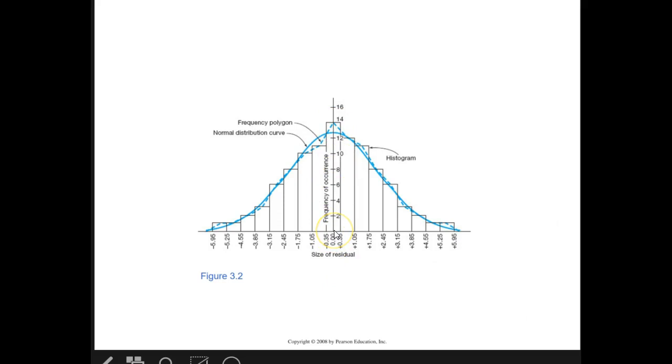So there would be more fish that were 12 inches long than fish that were 13 inches long or 11 inches long. And this curve also implies that there would be the same number of fish that were 11 inches long as 13 inches long, and so forth.